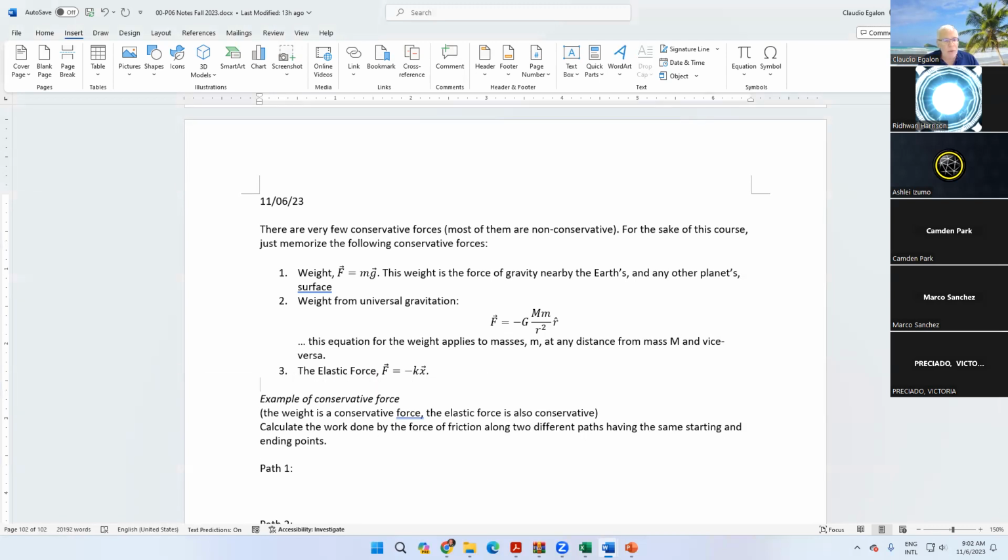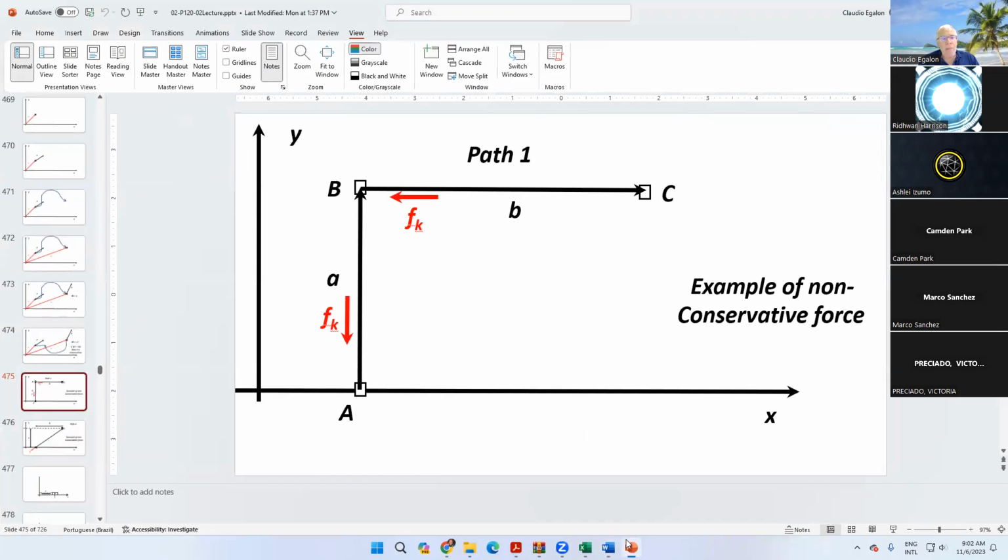And now we are going to do an example of a conservative force for this one specifically. If you repeat that for the other two forces, you're going to get exactly the same thing, okay? And here you go. Here's the vertical direction. Here's the horizontal direction, and I'm moving a mass.